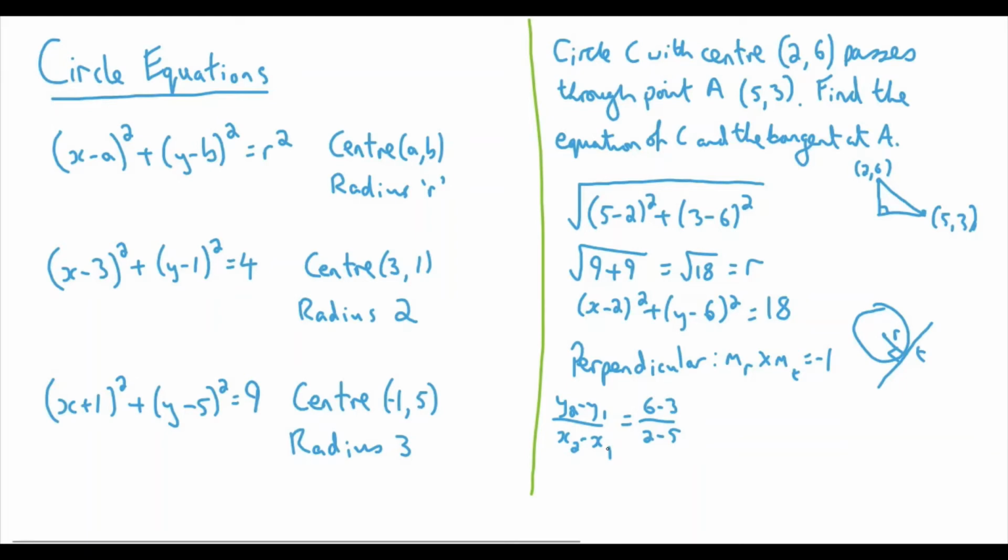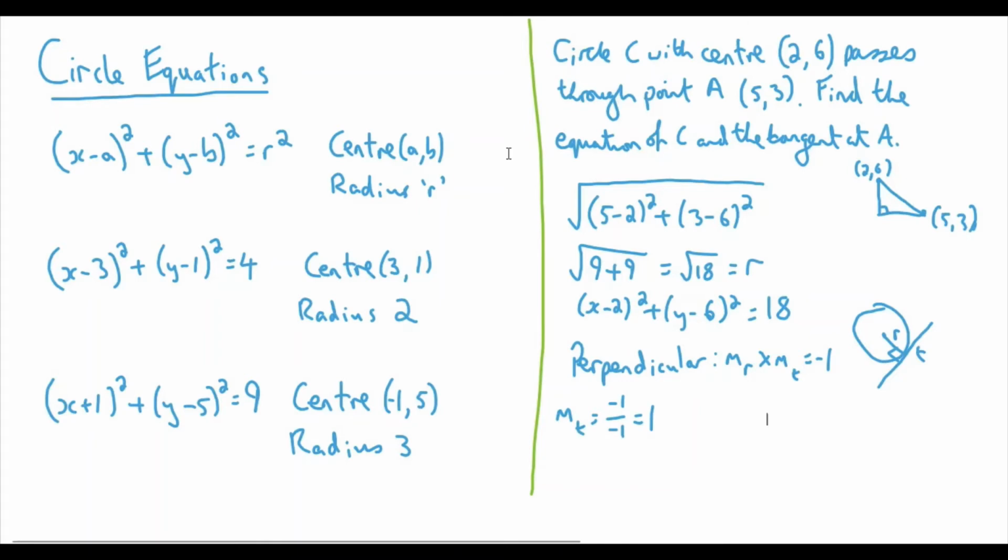Point is, here you end up with 3 divided by minus 3, which gives us a value for the gradient of the radius of minus 1. Now, if we just clear up this space a little, we can say that your minus 1 times your mt equals minus 1. Therefore, your mt is going to equal minus 1 over minus 1, which is just going to equal 1.